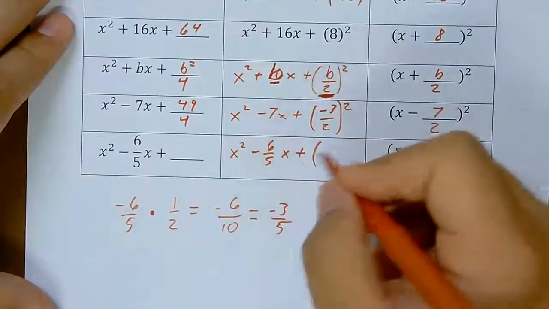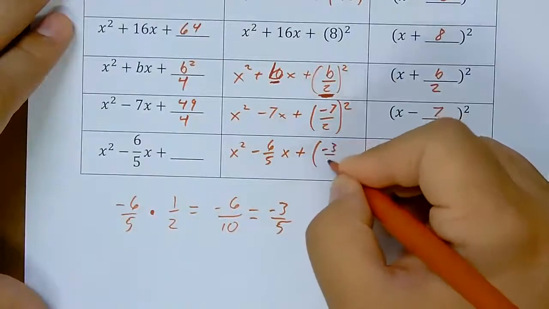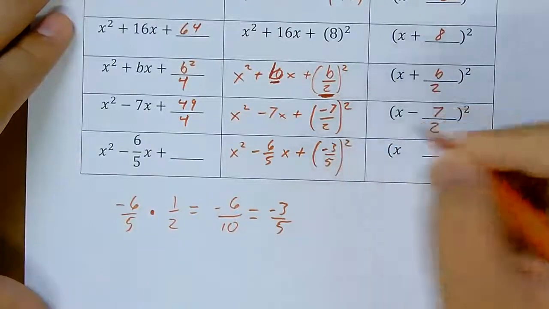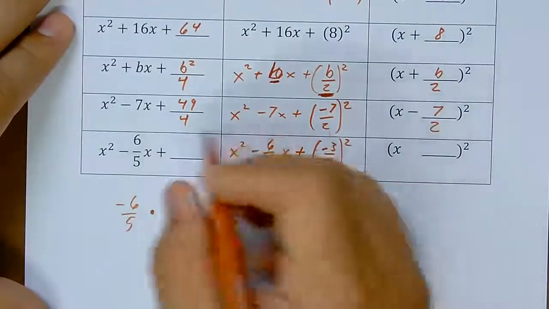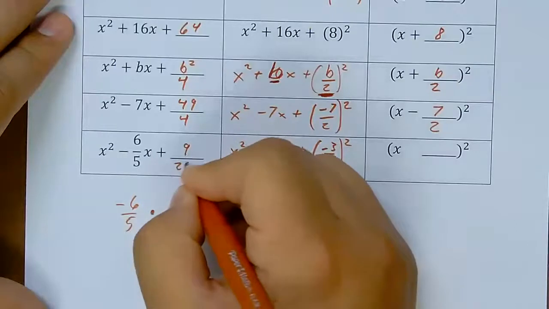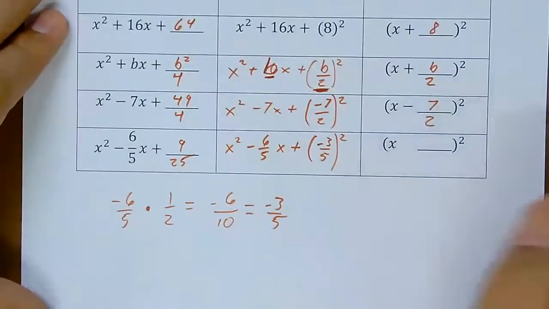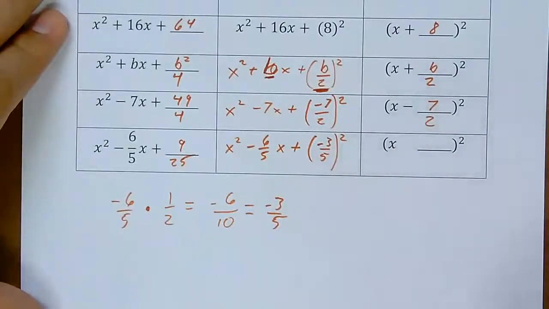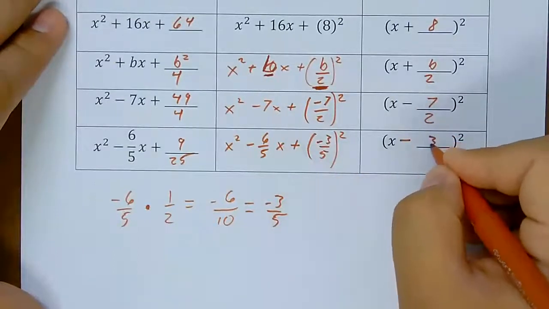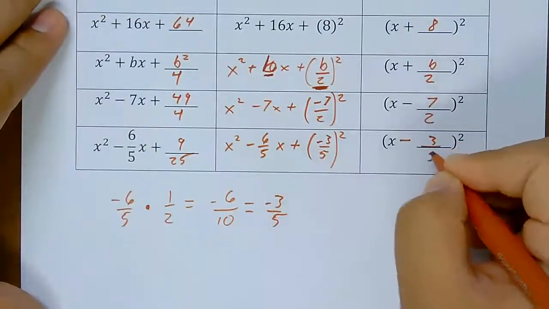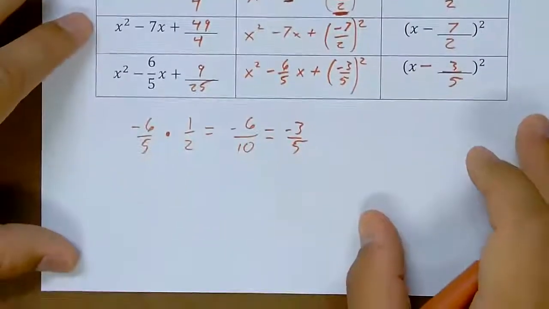We have x squared minus 6 over 5x plus -3 over 5 squared. Our trinomial is going to be -3 over 5 squared, which is 9 over 25. And finally, we have this double blank here. It's going to be plus or minus. It's going to be minus because this number is negative, -3 over 5.